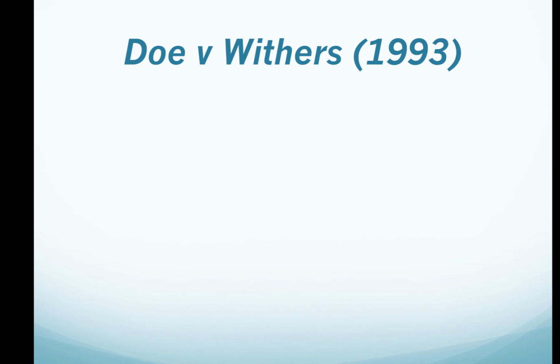Doe versus Withers. This is a very interesting case. Withers was a high school social studies teacher, and he was refusing to follow the accommodation plan of a student in his class. Withers was a very interesting guy. He was a state legislator in West Virginia, so he kind of knew laws.